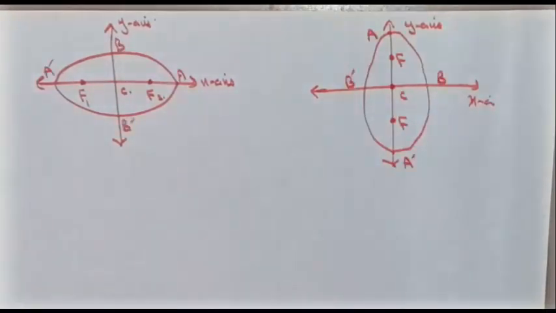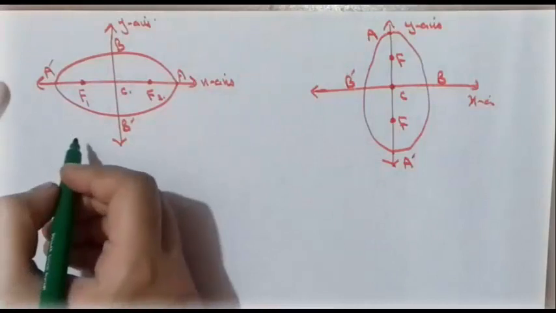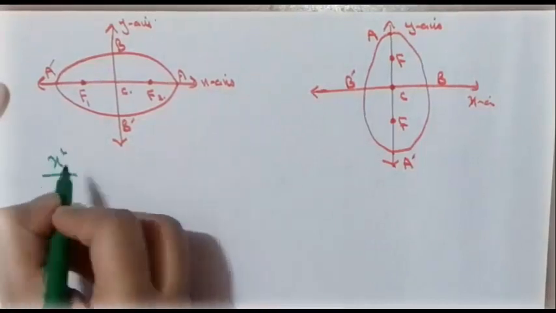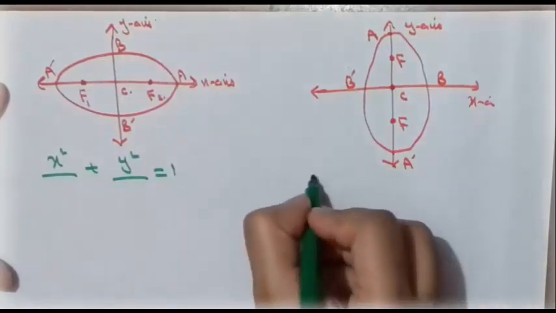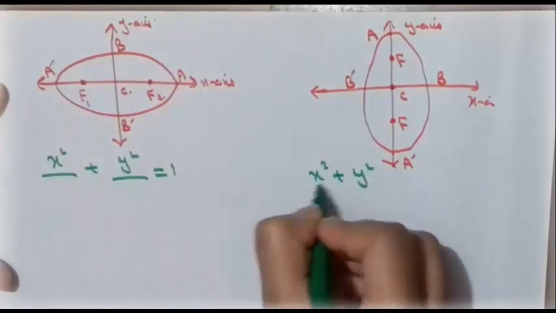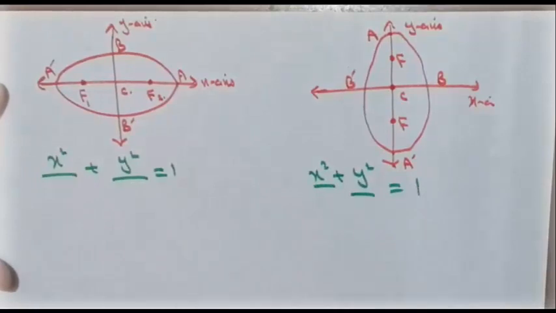So here is a question: how to remember the equation of the ellipse in both of the cases, that x square divided by, plus y square divided by, equals 1, and in that case it is also the same, equals 1.